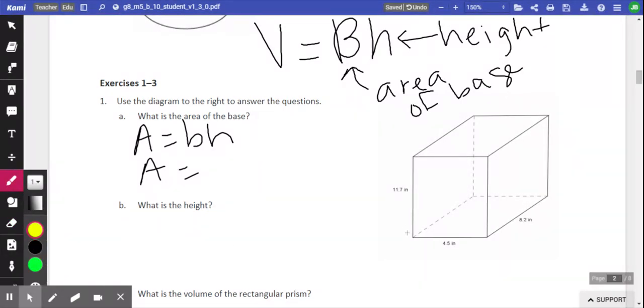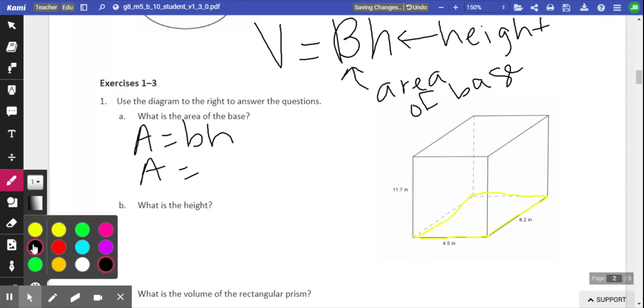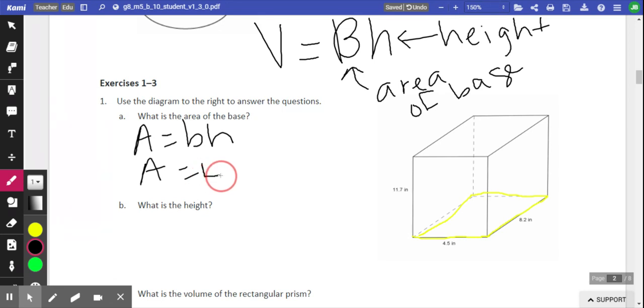4.5. Let me put that back. So I'm just going to say my base is 4.5 and the height is 8.2.